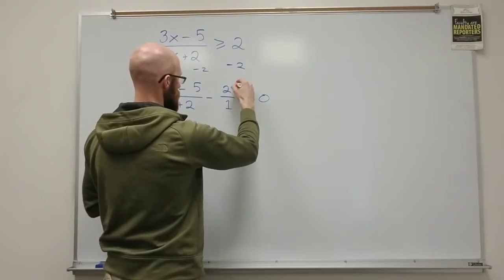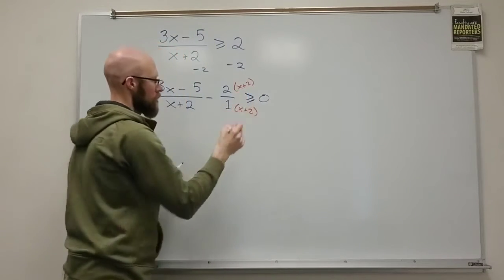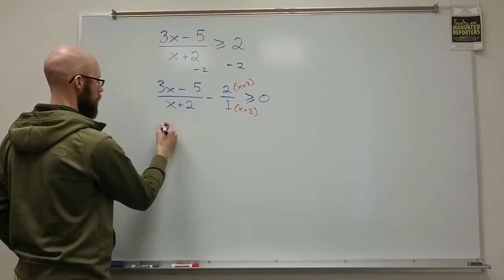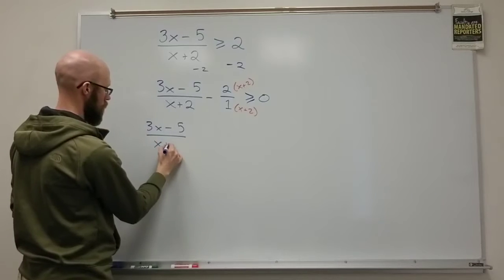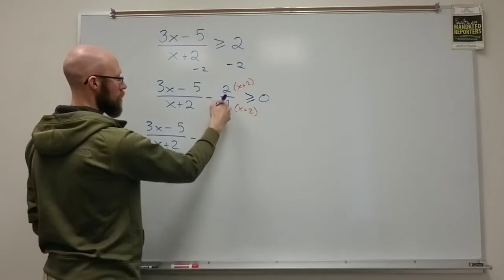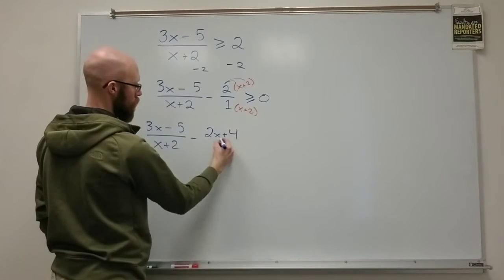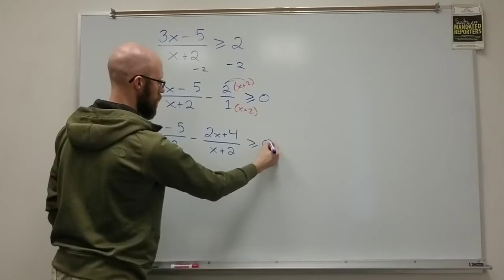So I'm going to do that, x plus 2 to the top, x plus 2 to the bottom. My new fraction on the right will be, well, that 2 will distribute, so that will be 2x plus 4 over x plus 2.